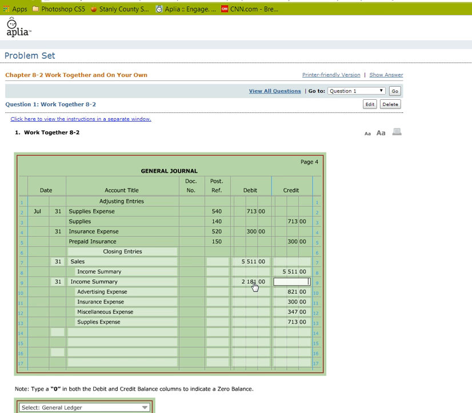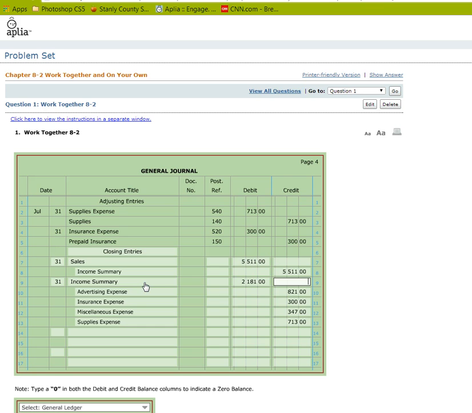Alright, the third step is, let me look, page 210. You have closed sales to the income summary. You have closed expenses to the income summary. And this is where, if you remember on page 207, which side is your balance on?